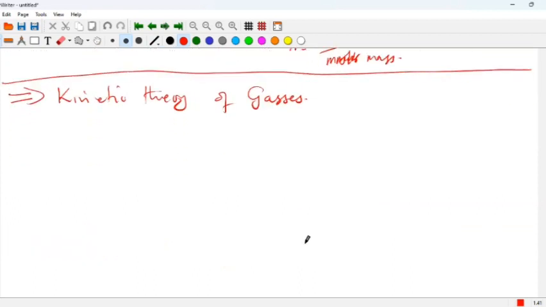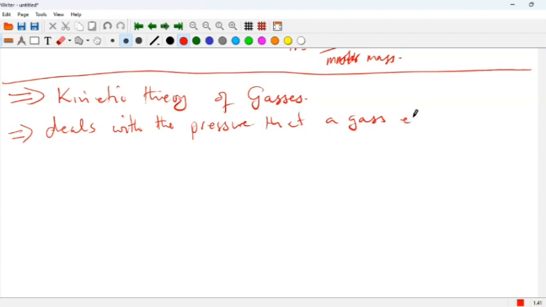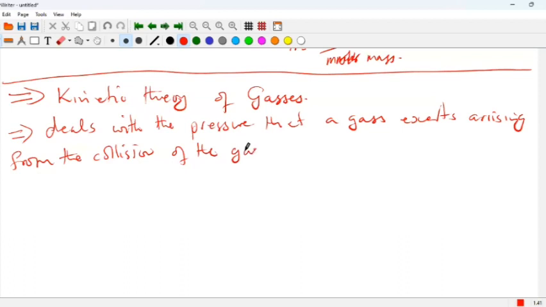The kinetic theory of gases simply deals with the pressure that a gas exerts, arising from the collisions of the gas with the containing walls, which exert force.